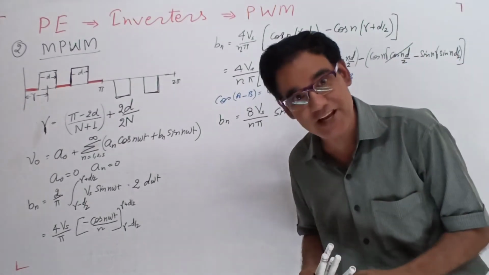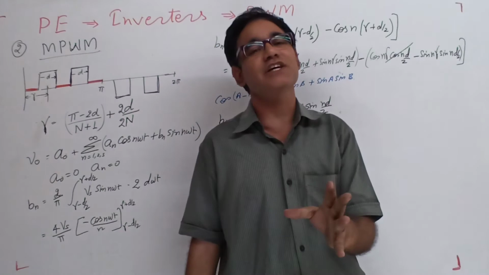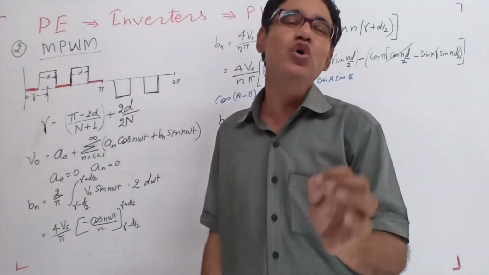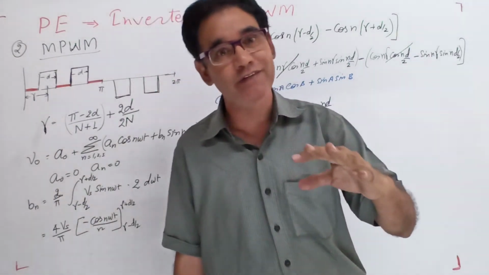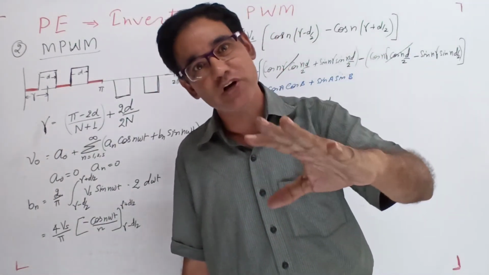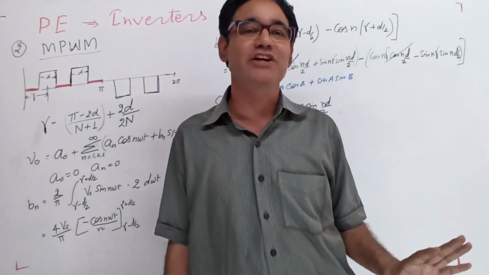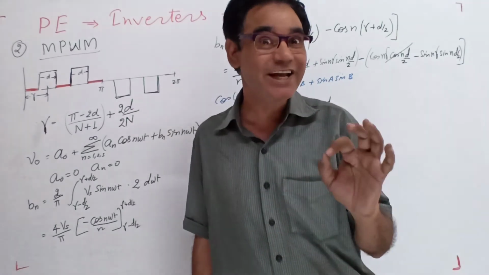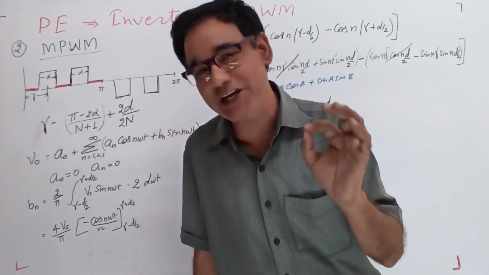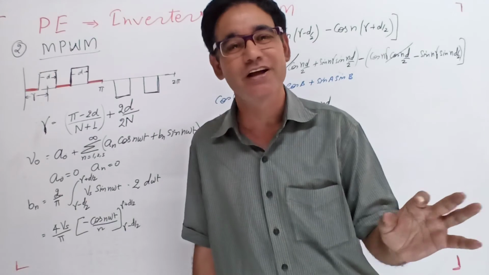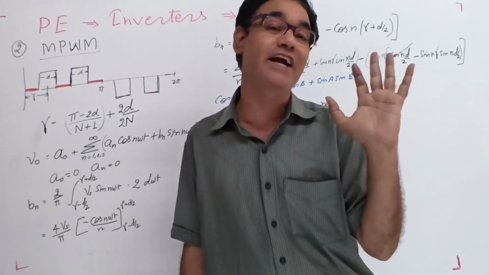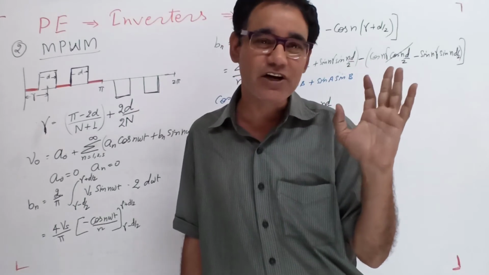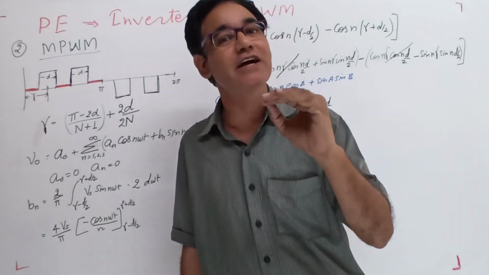Okay, this is the Fourier series analysis to find out the output voltage equation for a wave which is not sinusoidal but is periodic in nature. Not sine or cosine, but periodic, a repeating function, the square or any kind. For these kinds of waves, Fourier gave a formula.